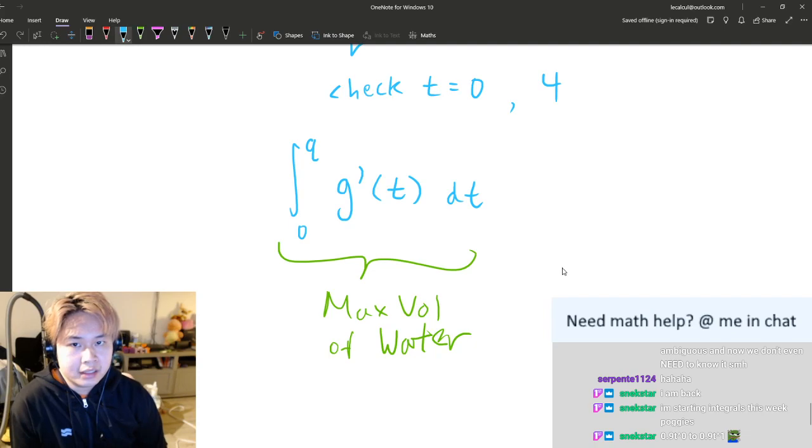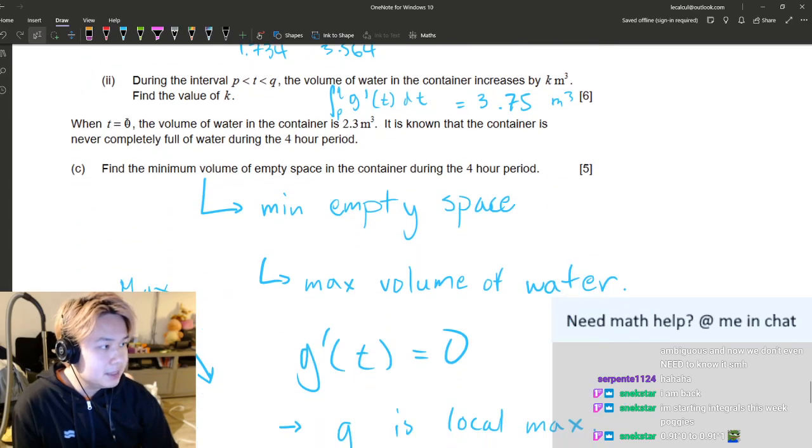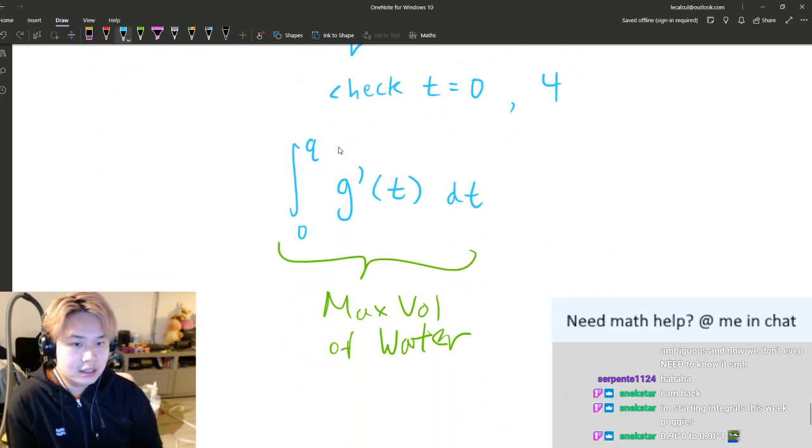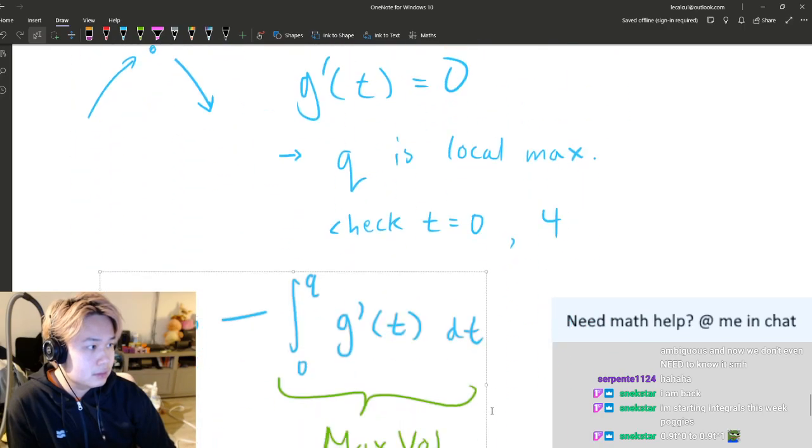And then we know that at time 0, we have 2.3 meters. So then we take 2.3 meters and then we subtract the maximum volume of water. And then this should be the empty space, I think.